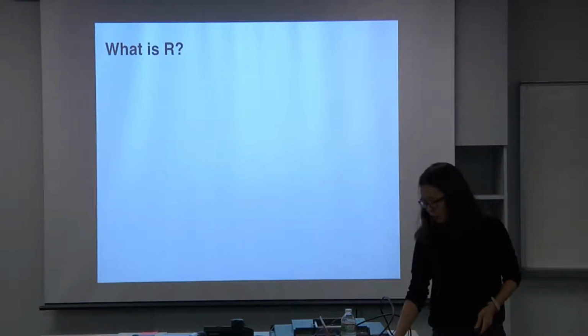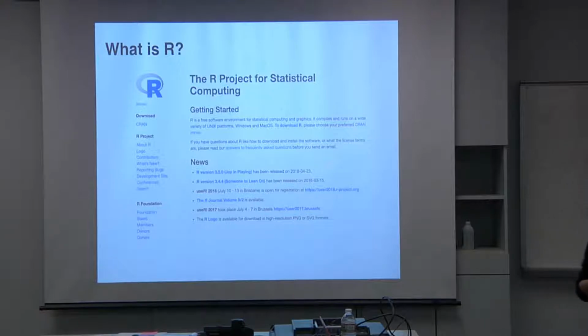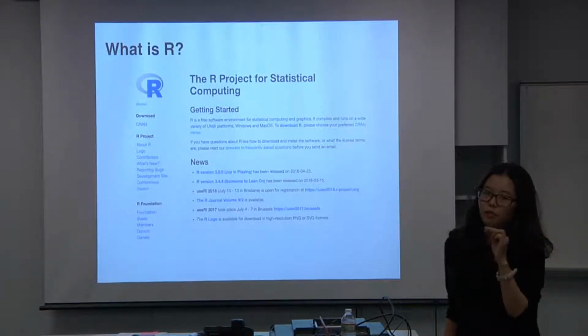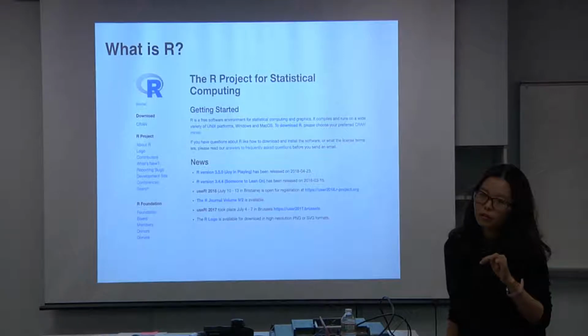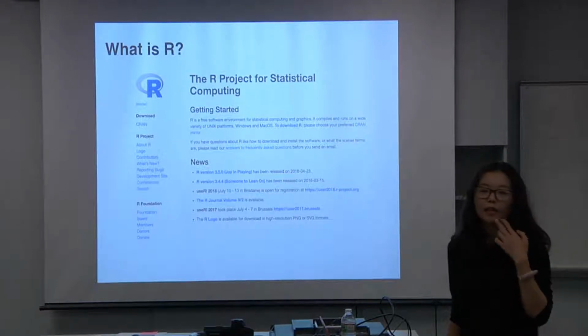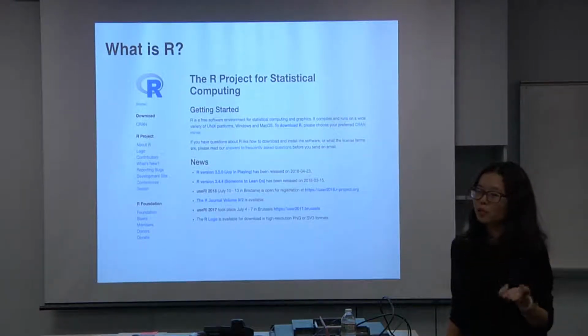So what is R? R is for statistical computing. It's not only a programming language, but also a statistical, or what we call a graphical, language. I personally like R because it has helped me a lot for my research.